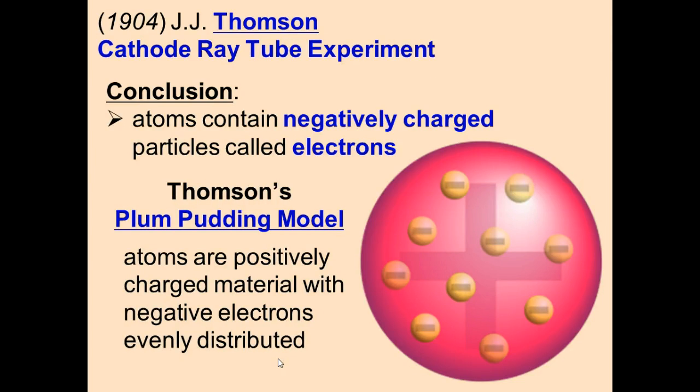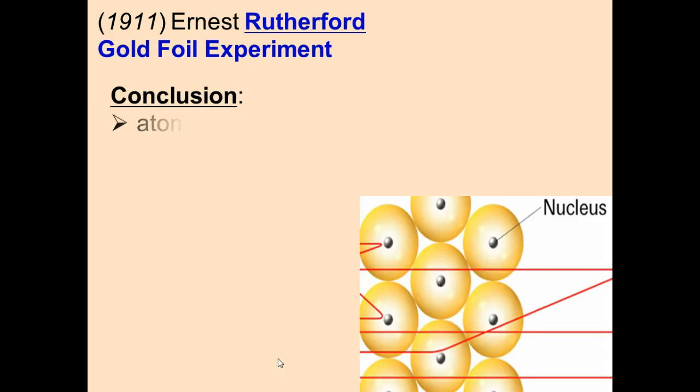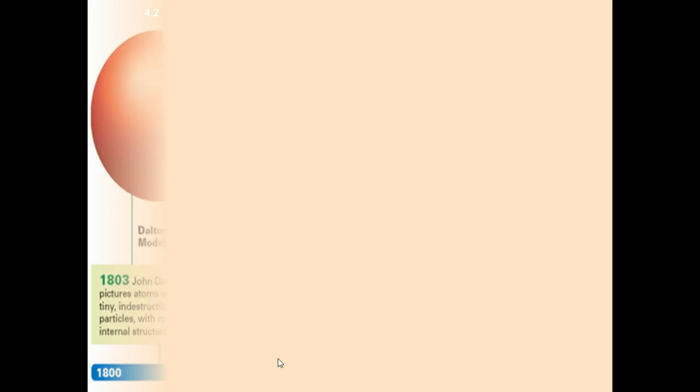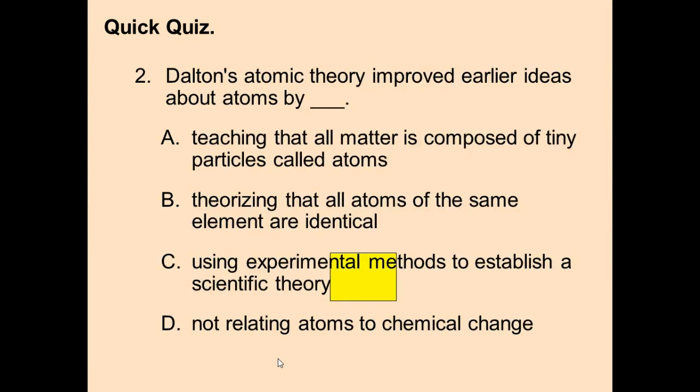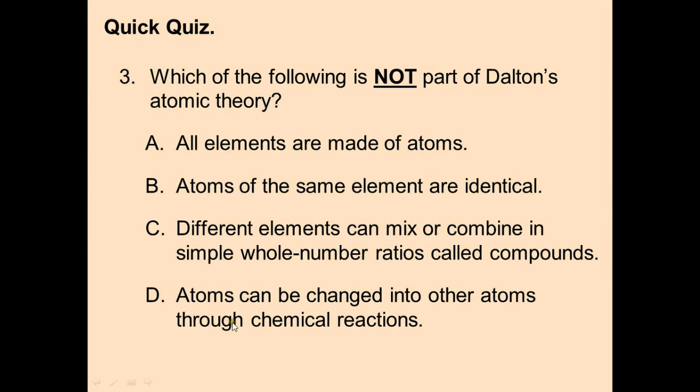So going back to the question. He did say all elements are made of atoms, so you can eliminate that one. And he did say atoms of the same element are identical, because he talked about how atoms of the same element have similar properties, and atoms of different elements are totally different.